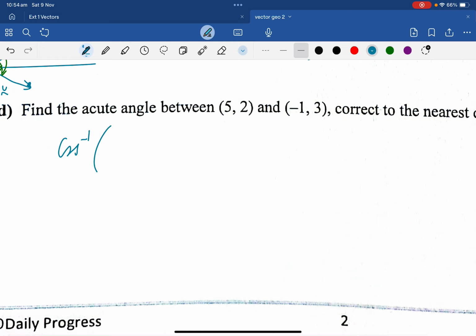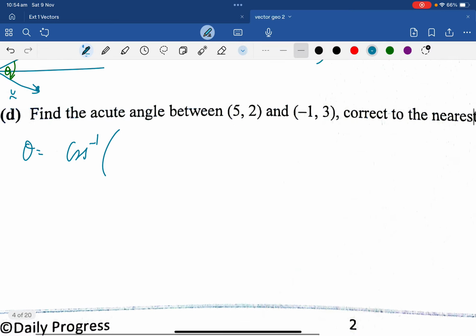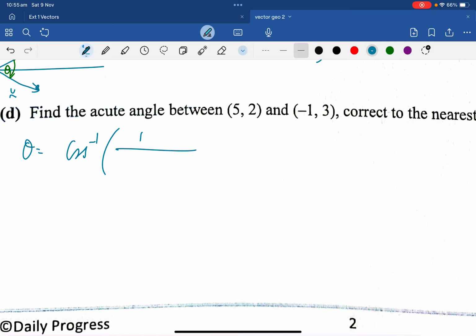Bro, remember, theta is what they want. That's cos inverse of the dot product of this. What's 5 times minus 1? Minus 5 plus 6, which is 1. So you've got the dot product as 1 over, take the square root of 5 squared plus 2 squared, that's root 29, times root of minus 1 squared plus 3 squared, which is root 10.